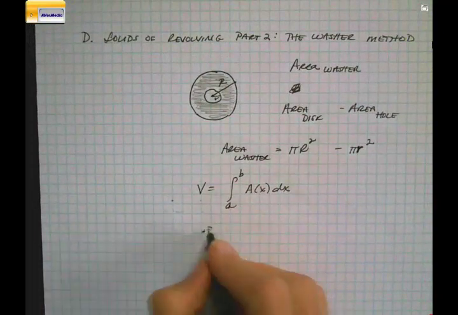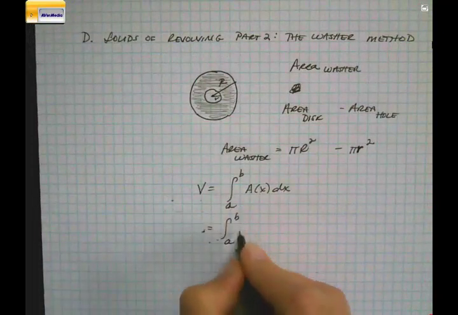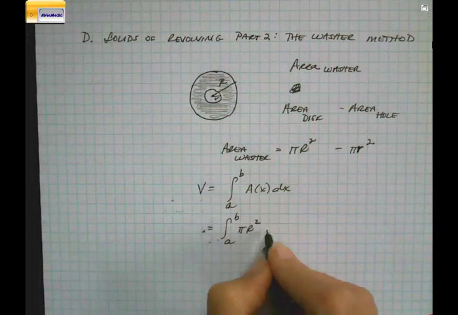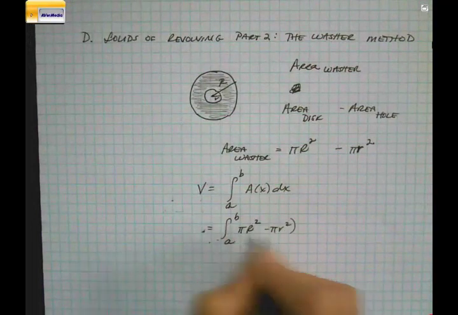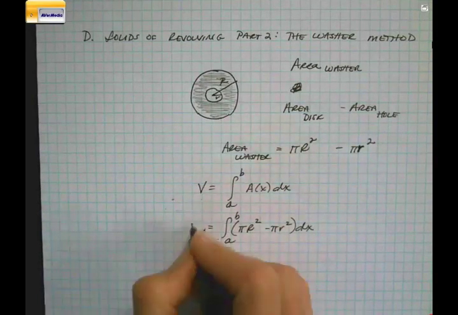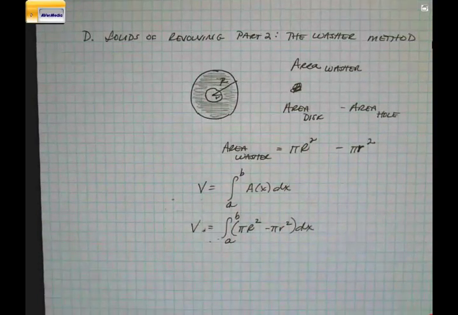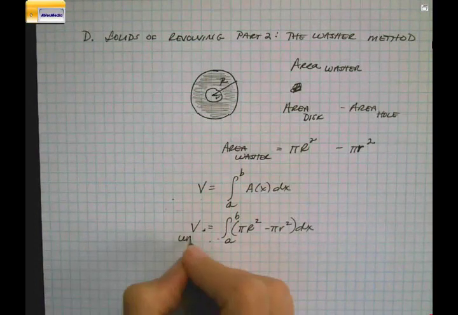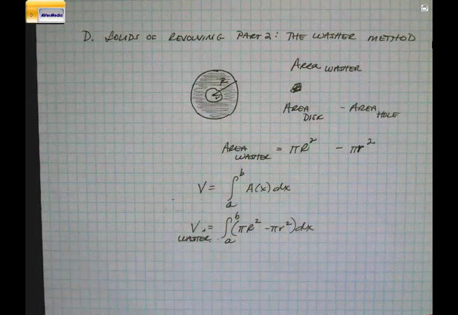So your area becomes pi capital R squared minus pi little r squared, dx. So when finding the volume of a washer, you take the area of the outer disk minus the area of the hole, times the width.